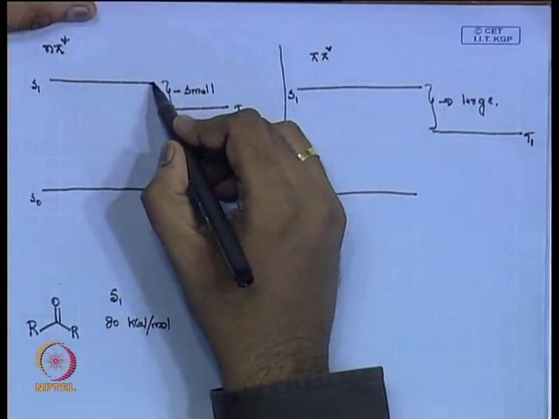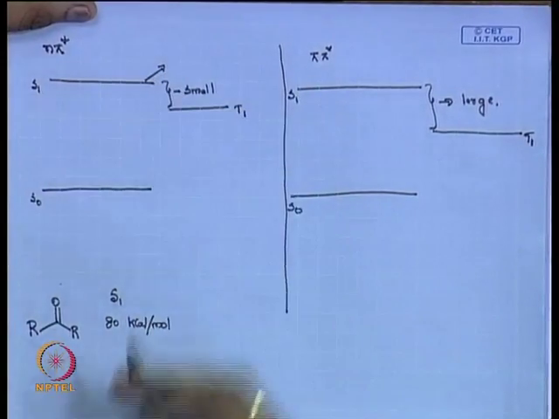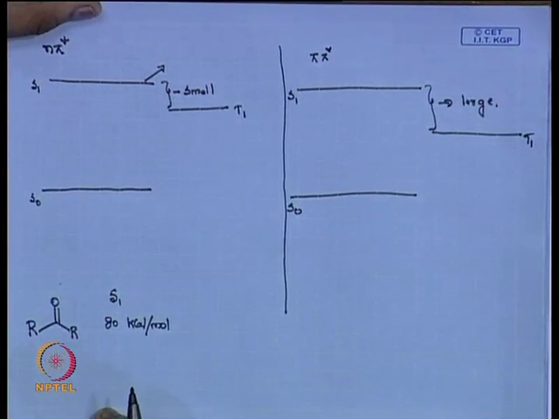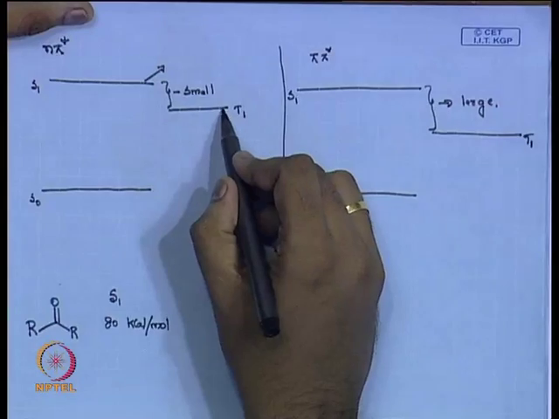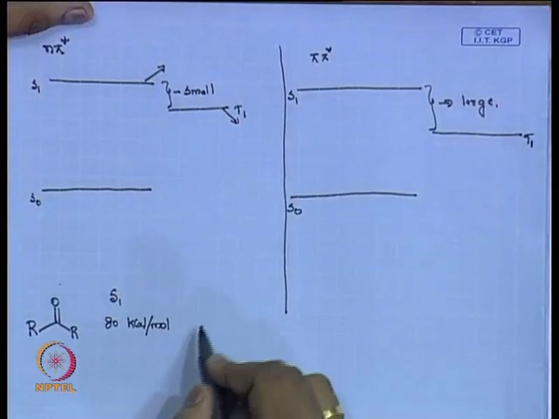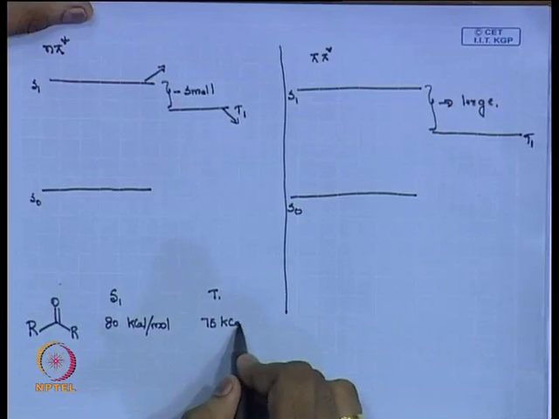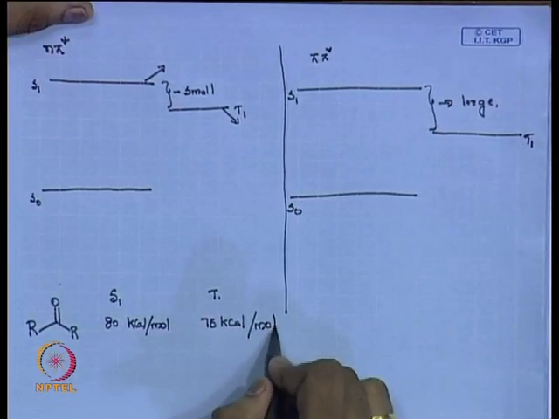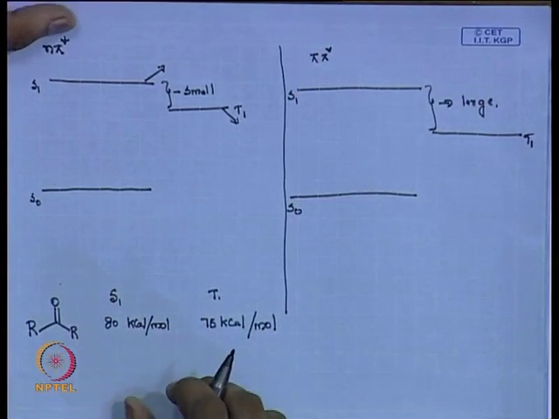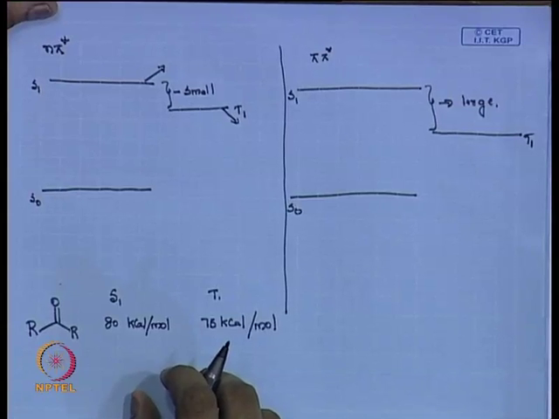This singlet one is 80 kilocalories per mole. And if you see for your triplet, that is 75 kilocalories per mole. So, you have an energy gap of only 5 kilocalories per mole.